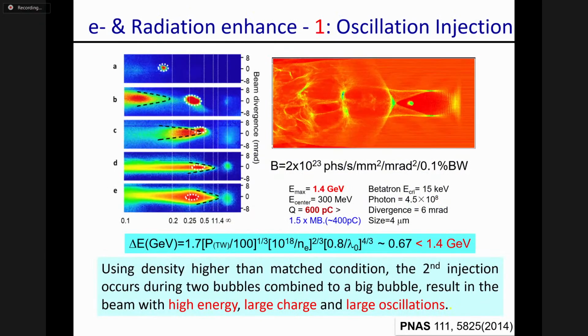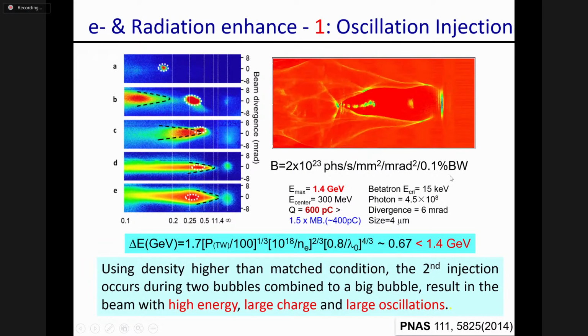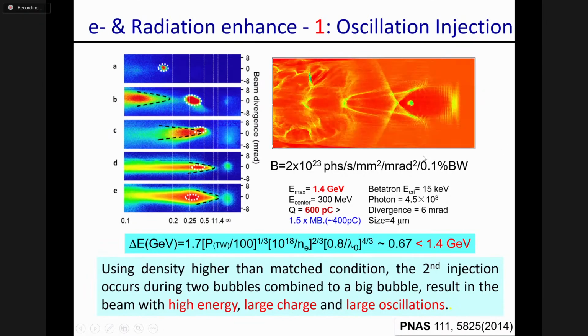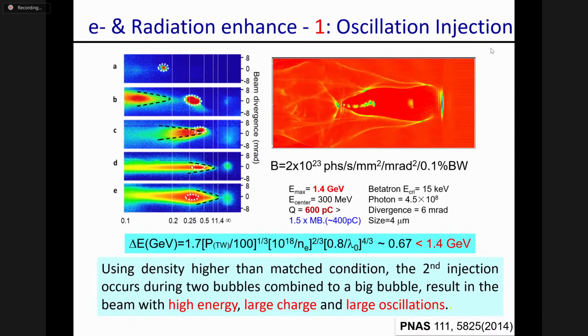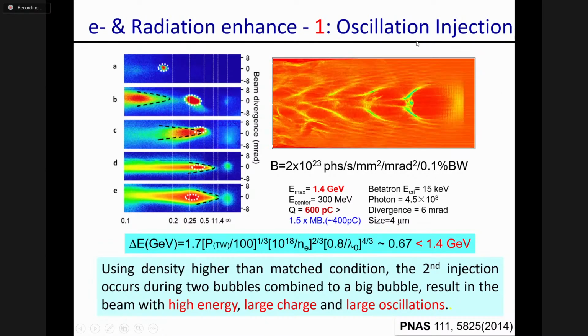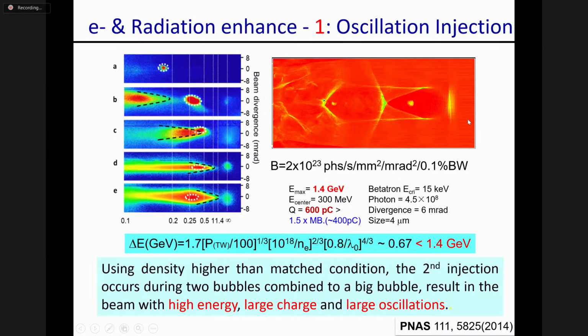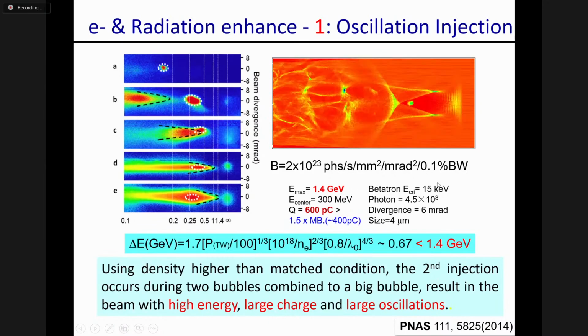Okay, the first method we found in our research work, for example, we use this kind of oscillation injection method. This oscillation injection means we choose the plasma density slightly higher than the matched condition.